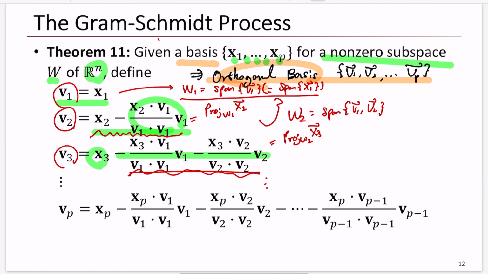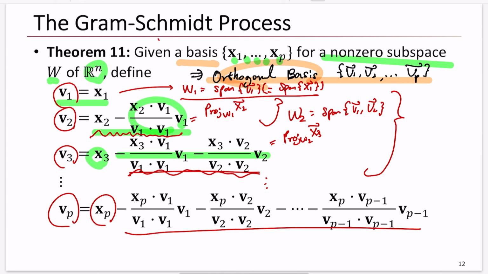Similarly, vp is going to be xp minus the projection of xp onto W(p-1).